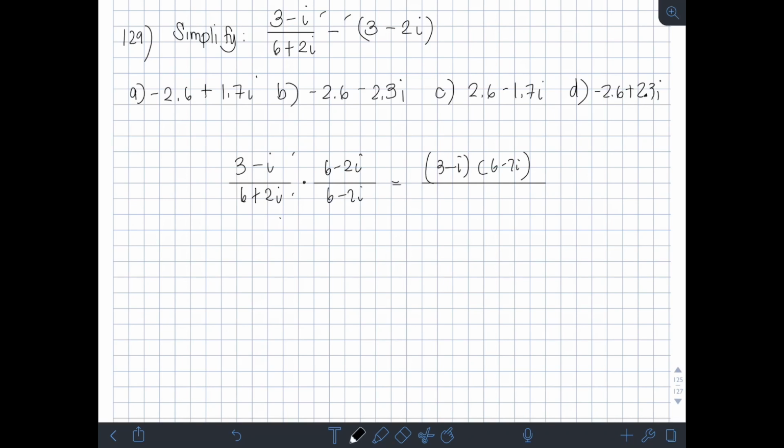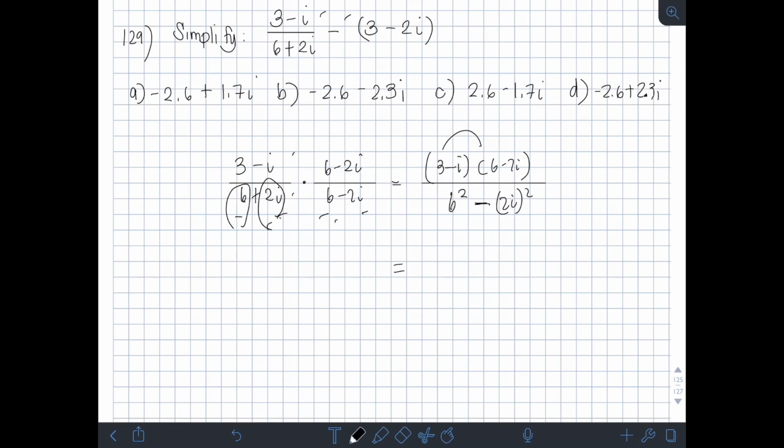Over sa denominator. So, kapag multiply natin sa conjugate lagi yung denominator, ang magiging sagot dito is square natin yung first term and then minus square nung second term. So, applying din yung formula for product of sum and difference of same terms, right? So, multiply natin tong numerator, FOIL.